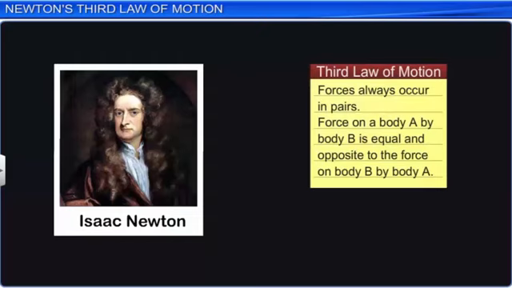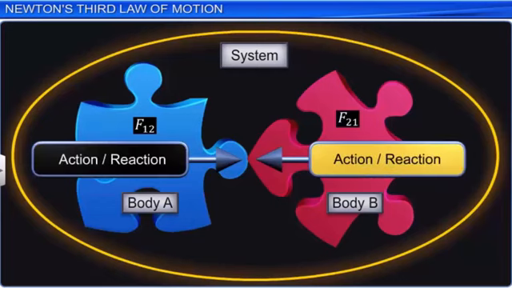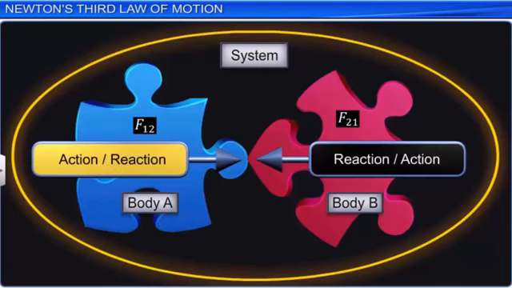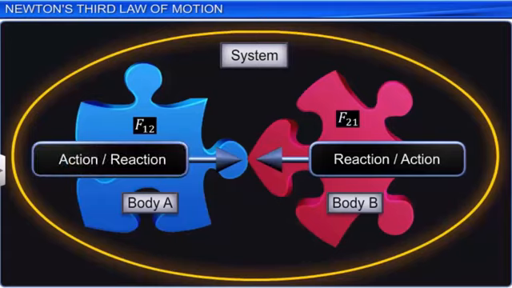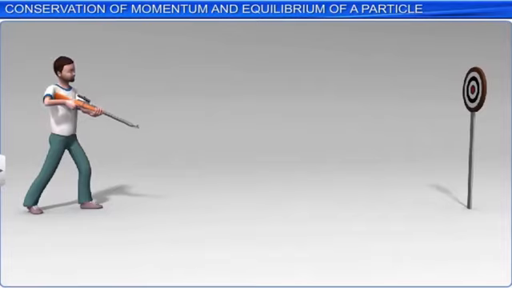Forces always occur in pairs. Force on a body A by body B is equal and opposite to the force on body B by body A. If two bodies A and B exist within a system, then force of A on B and force of B on A become internal forces of the system, and they cancel each other. Let us observe the recoil of a gun when a bullet is fired.